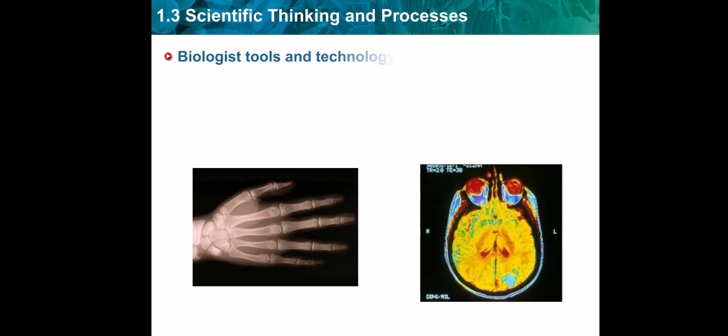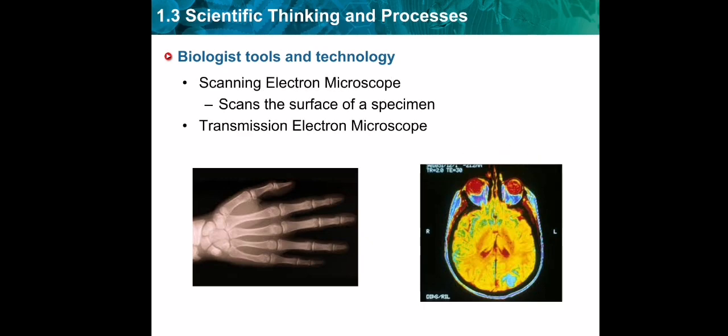There are two types of electron microscope: the scanning electron microscope and the transmission electron microscope. The scanning electron microscope scans the surface of a specimen, but the transmission electron microscope transmits electrons through a thin slice of a specimen. It does not go inside.